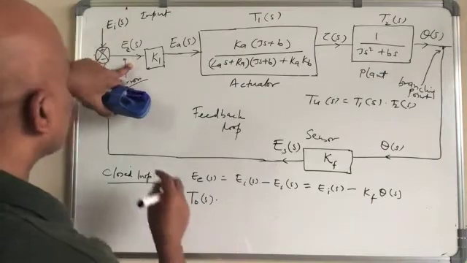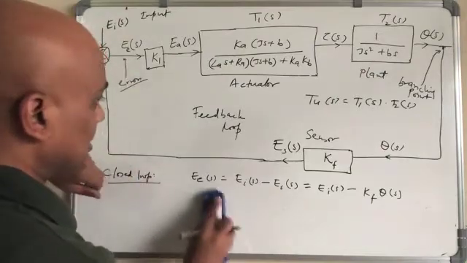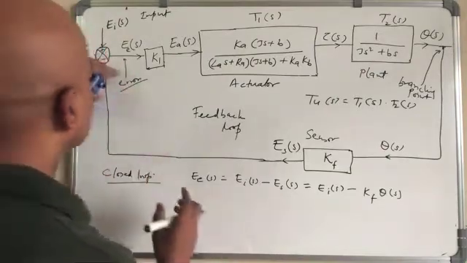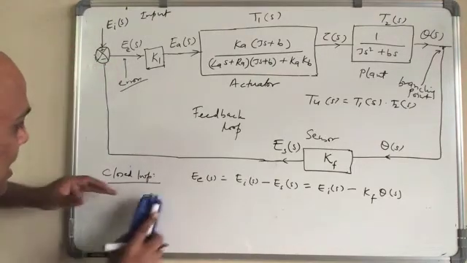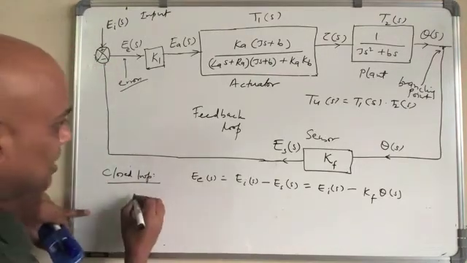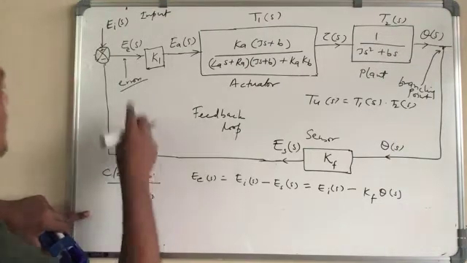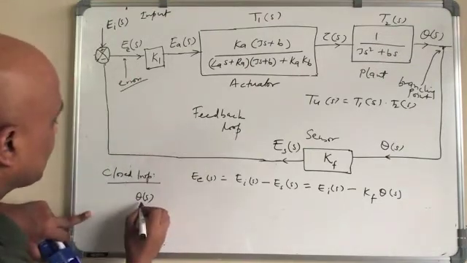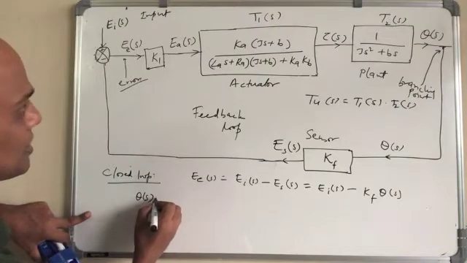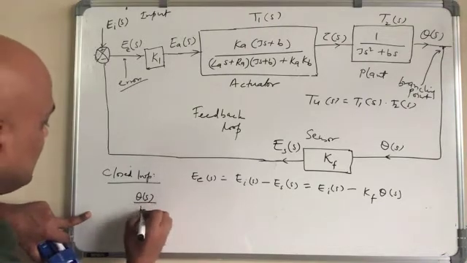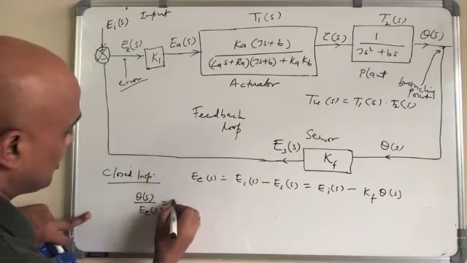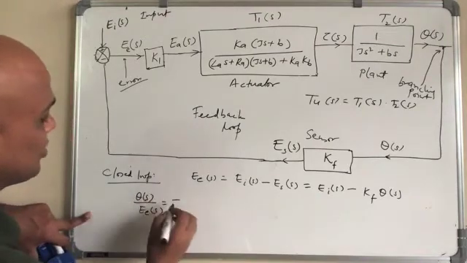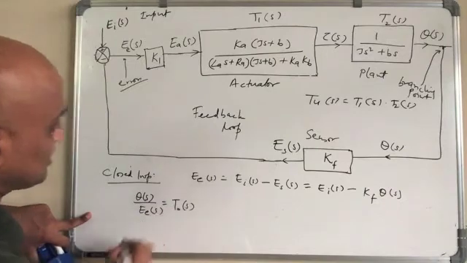So we can write it like this: theta S over EES is equal to the open loop transfer function T naught S, right?